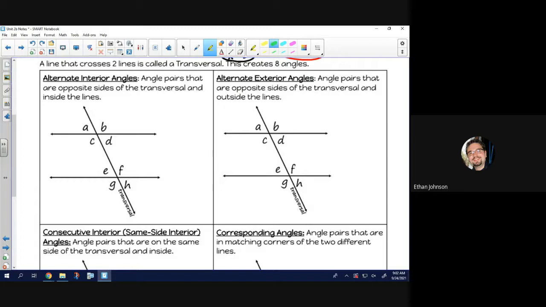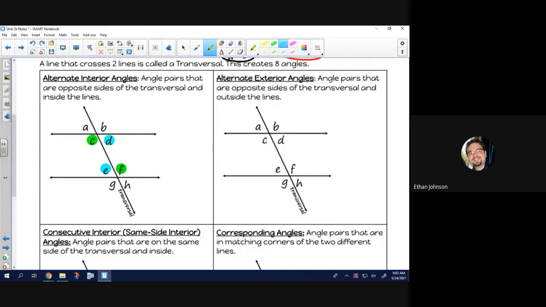So for example, angle C and angle F would be alternate interior angles. They're on opposite sides of that transversal, and they're both inside of the two lines. Another pair would be angle D and angle E. Those would be our alternate interior angles.